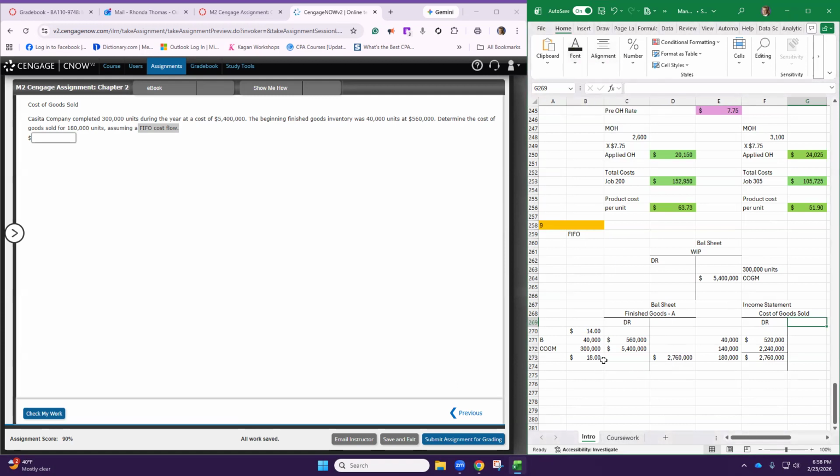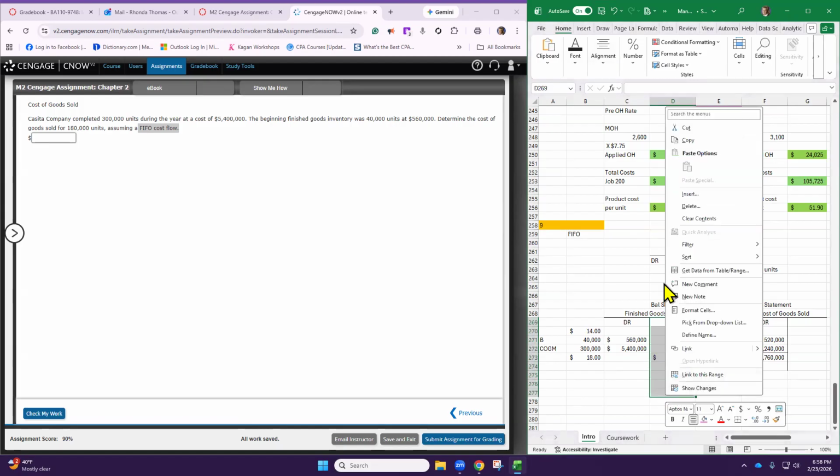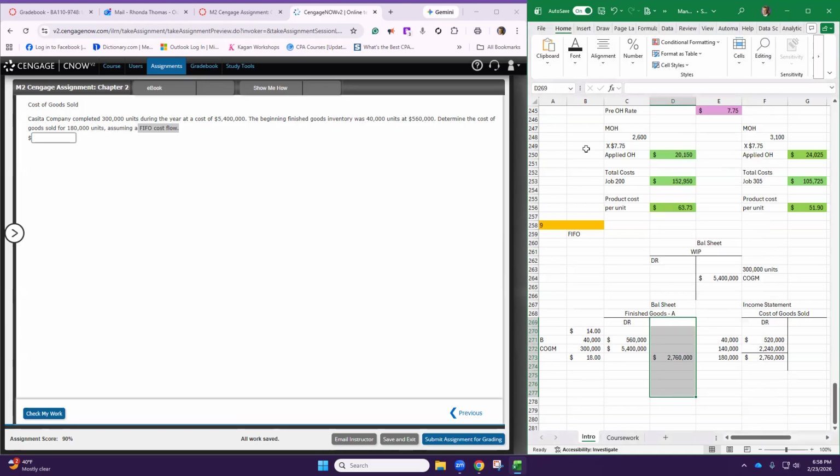Okay, so here we are. Now I'm going to come up with an amount that is available here. So we're going to add these two together. These are all of the finished goods that are available.